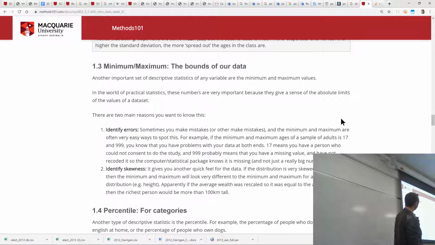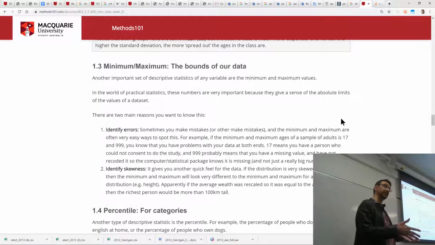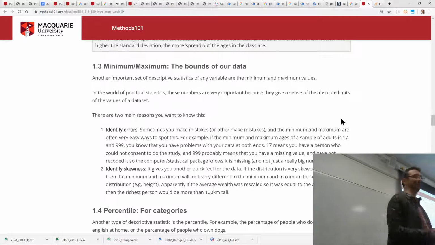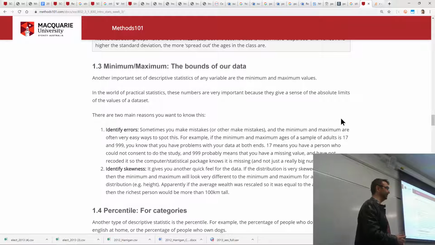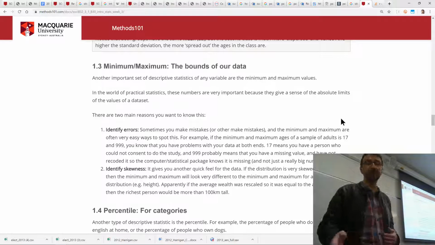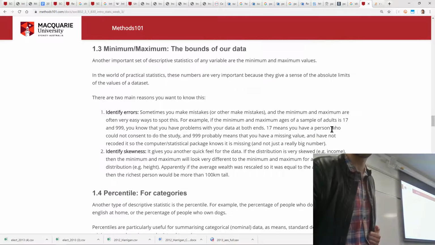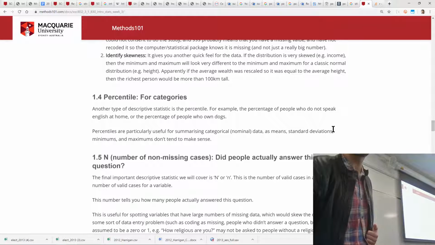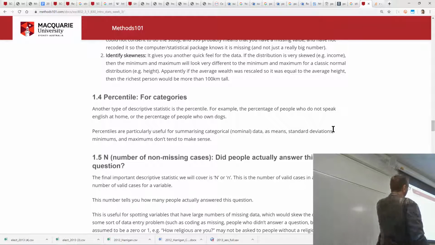And so I would say to you, these minimum and maximum allow you to identify errors, and they also allow you to identify skewness, right? Because if you see a data set where the median is 80,000, but the maximum is 50 billion, then it's very different to a median of 80,000 and a maximum of 160,000 or something. So they're important.